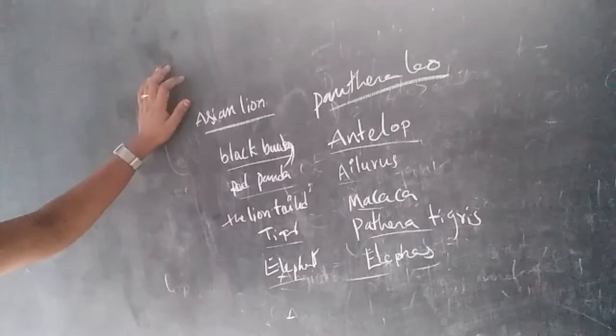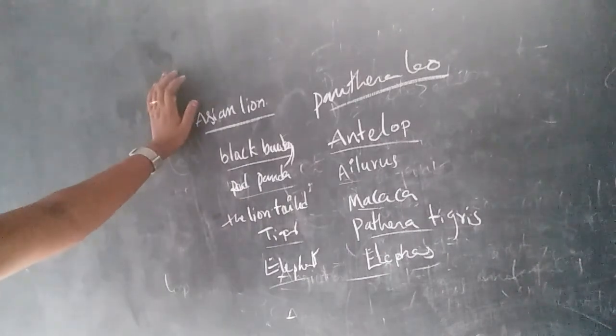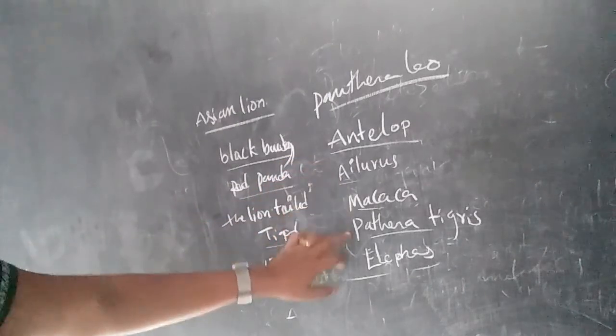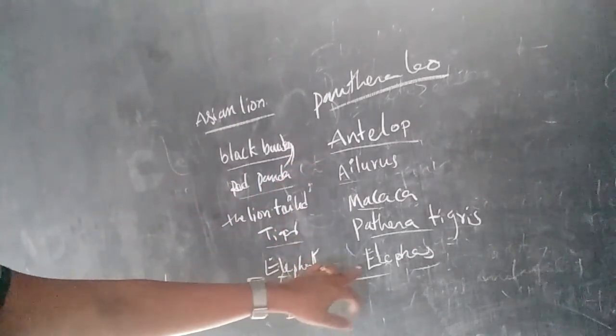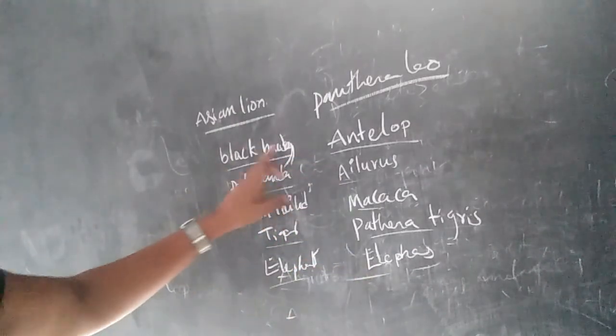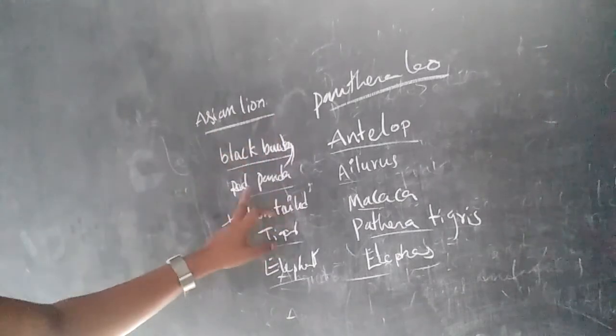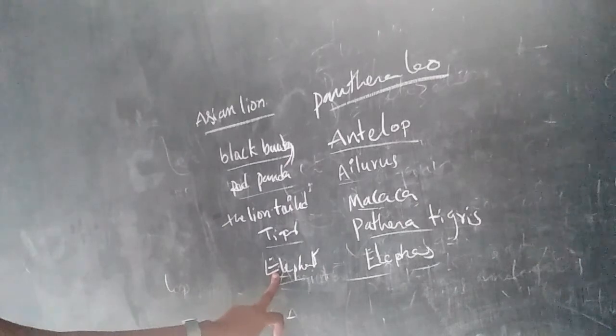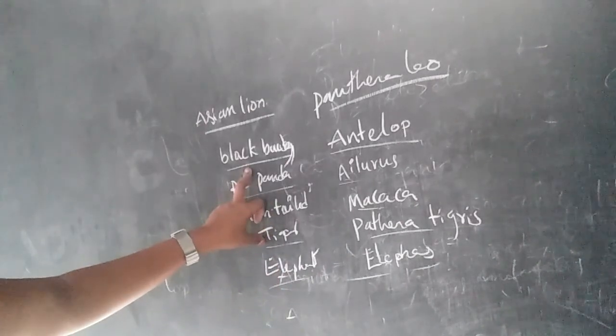So these are the endangered or threatened species in India.